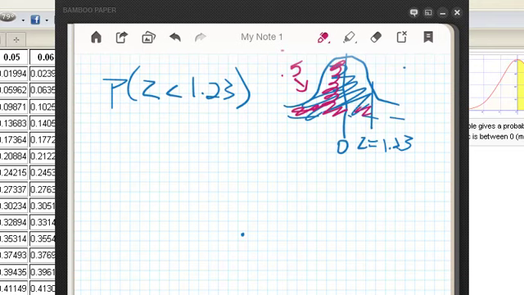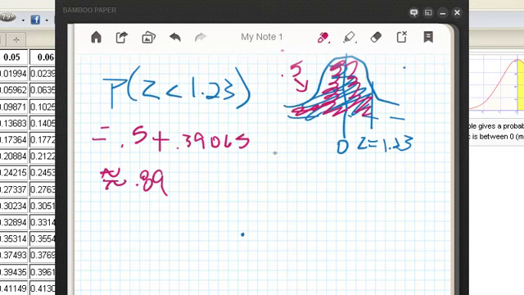So this probability is equal to 0.5 plus 0.39065. We typically don't go out that far. Well, they went way far out there. So I'm just going to call this approximately equal to 0.89. Okay? So super simple. It's not difficult. You're just building out these little areas.